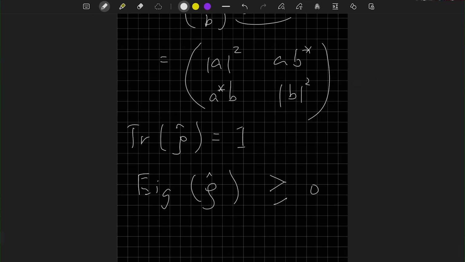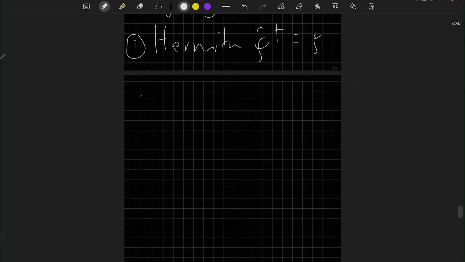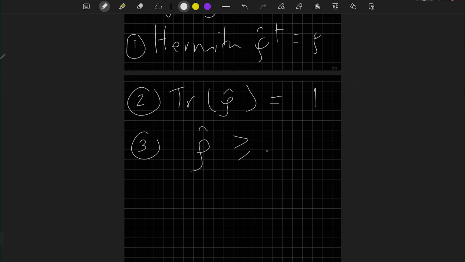It's Hermitian, which means the conjugate transpose of the operator is equal to the operator itself. Its trace is 1, and it's positive semi-definite, which means its eigenvalues cannot be negative.